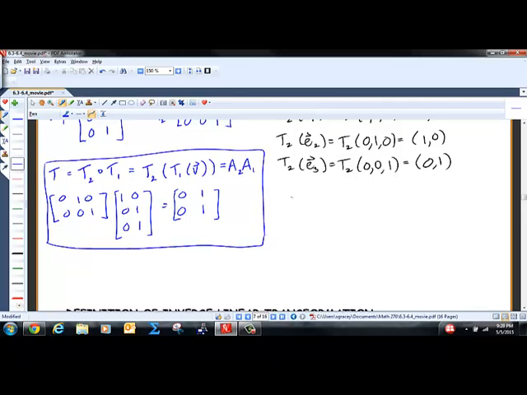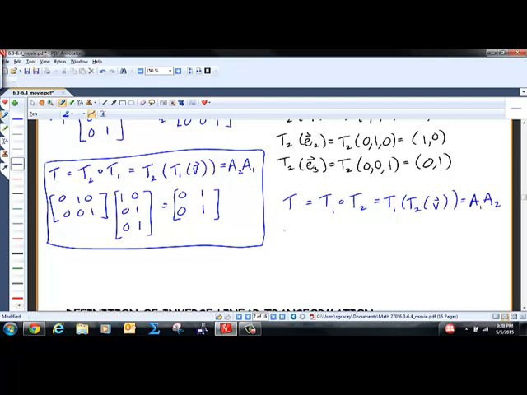Now, the second one is looking at it from the other way. So if we do T1 composed with T2, remember that's T1 at T2 at V. But what we know is that's going to be equal to A1 times A2.